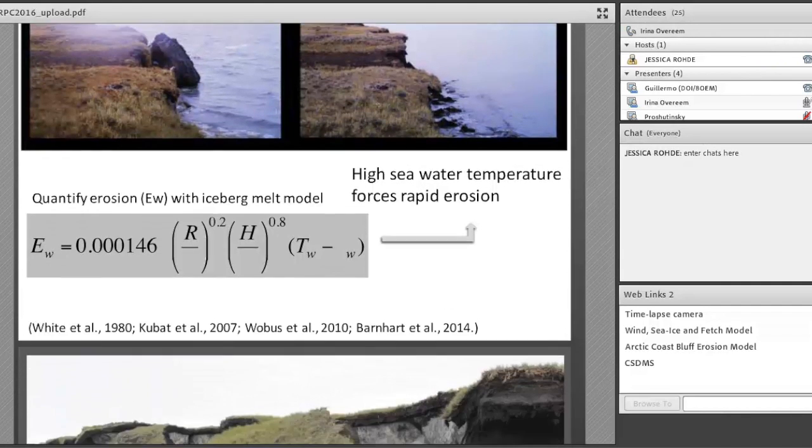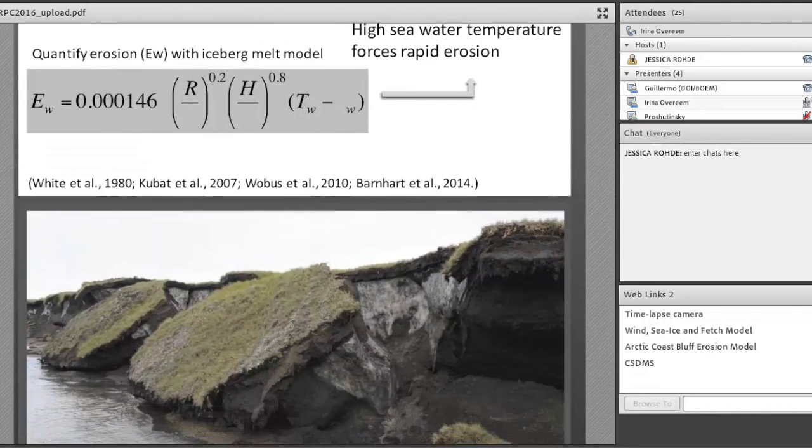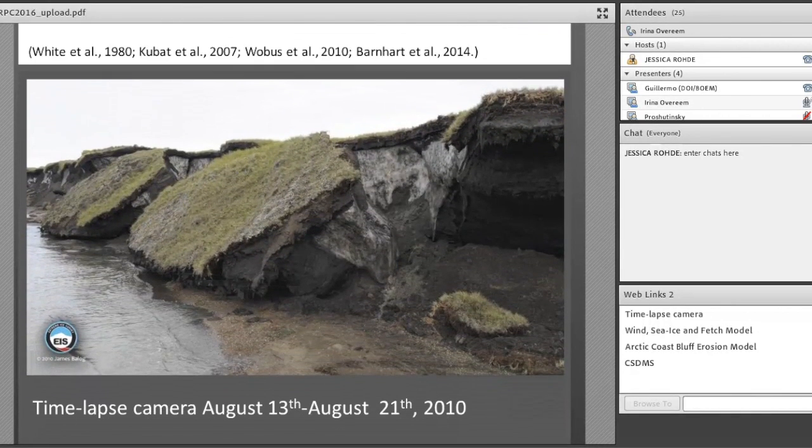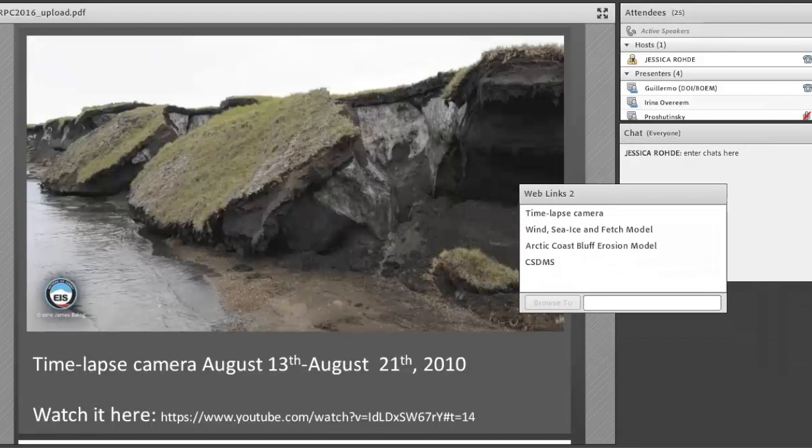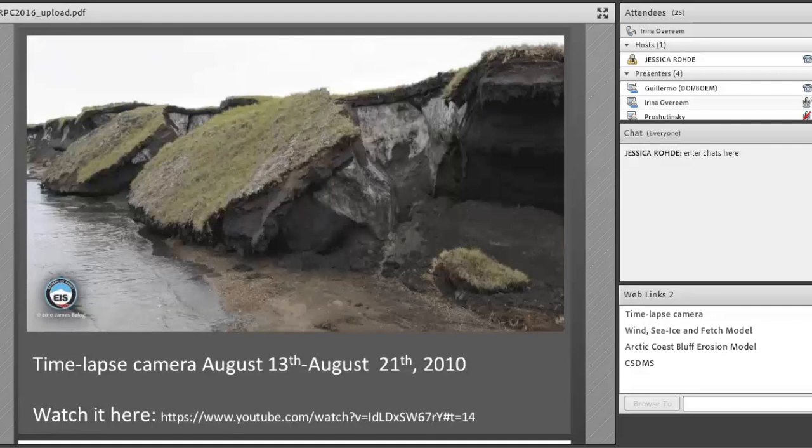And so this very simple model seemed to work okay, but we were not sure that it captured everything we wanted. And what Jessica did is, and I welcome you to look at these web links under web links 2 to click on this time-lapse camera. I think if I do it here, it will screw up the presentation, but it points to a YouTube video.